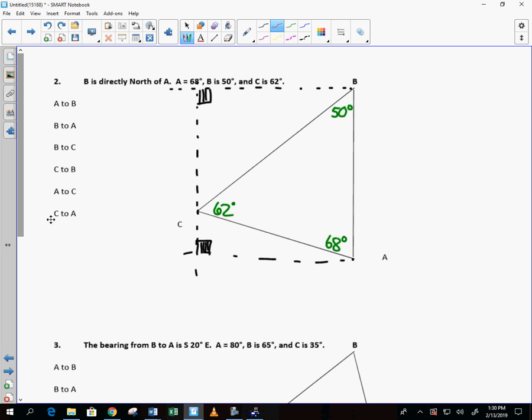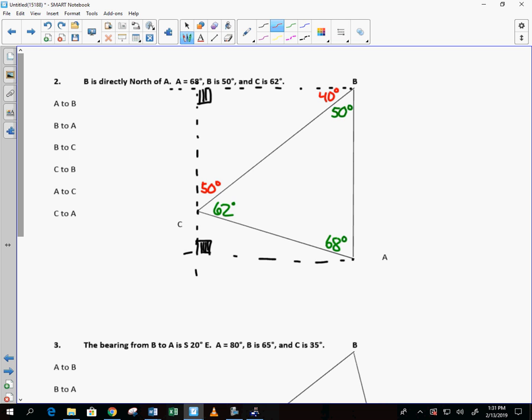I drew everything out. What's this angle? 40, good. So what's this angle here? 50, very good. Because they have to add up to 180, right? Okay.